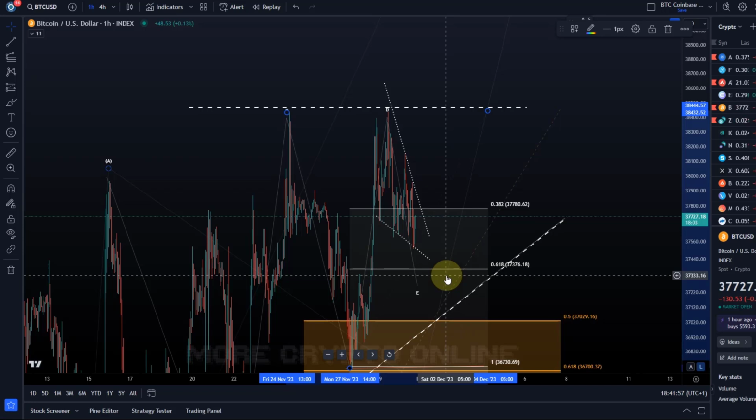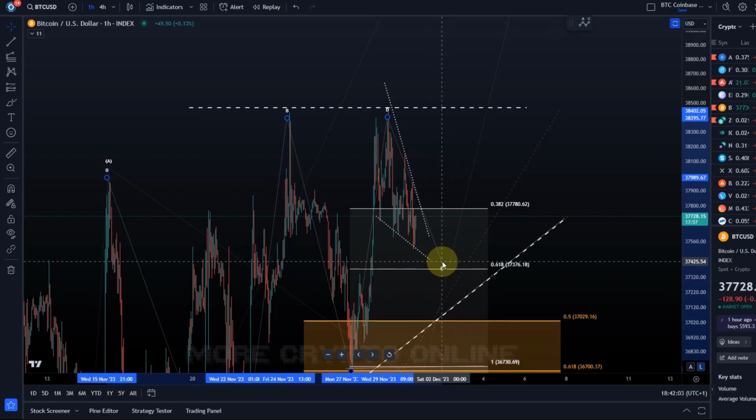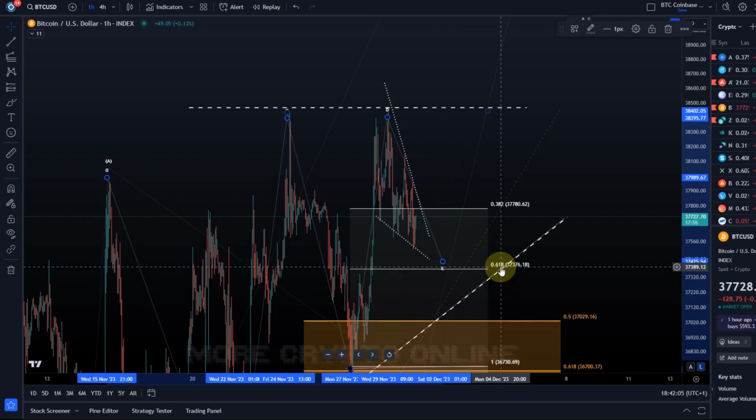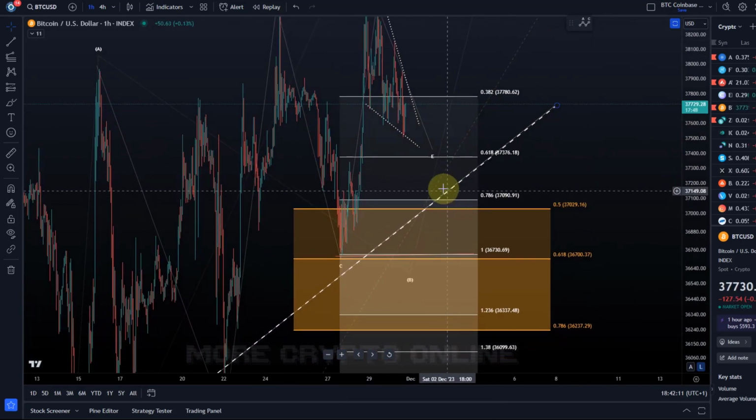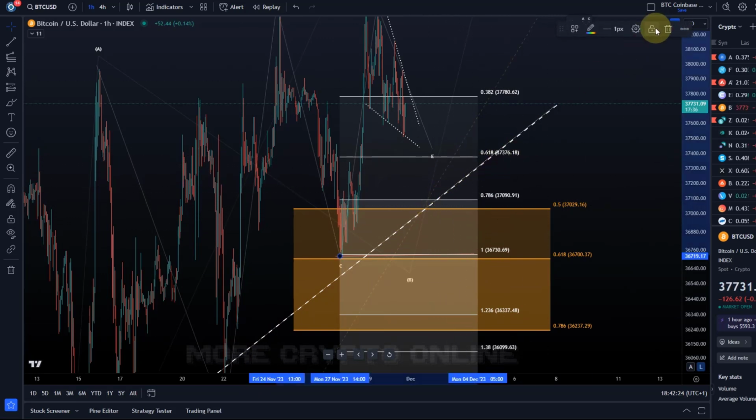It's the 61.8 extension level of the C wave, and with that, a potential target for wave E. If it breaks below that, then what we could also use is the 78.6 extension. That's just the next level on the Fib scale, and it's at 37,090. Also pretty much where this ascending trend line is located. So these are the next key levels to watch.